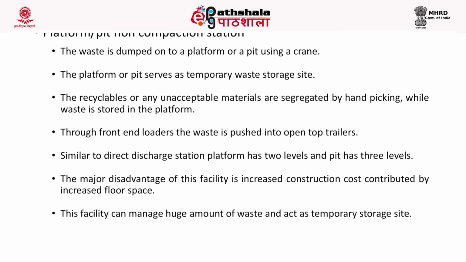Similar to the direct discharge station, platforms have 2 levels and the pit has 3 levels. The major disadvantage of this facility is the increased cost of construction contributed by the increased floor space. This facility also manages huge amounts of waste and can act as a temporary storage site.